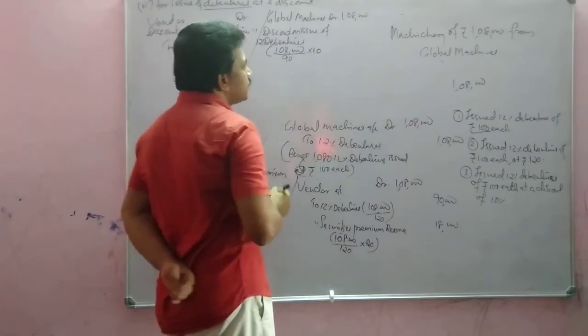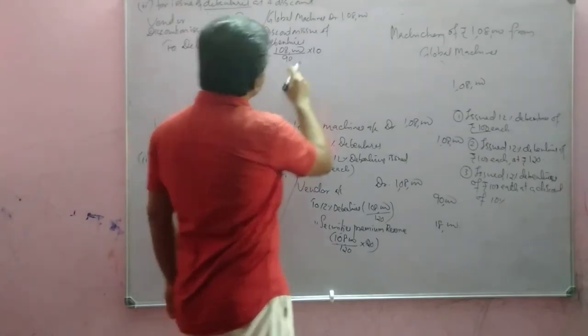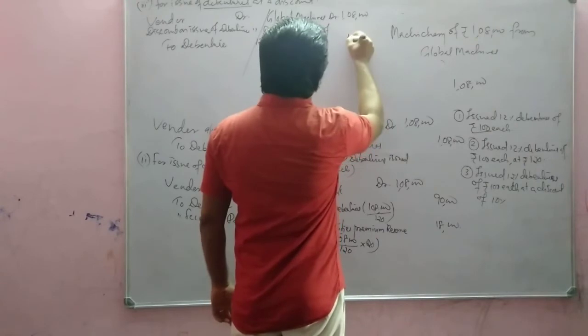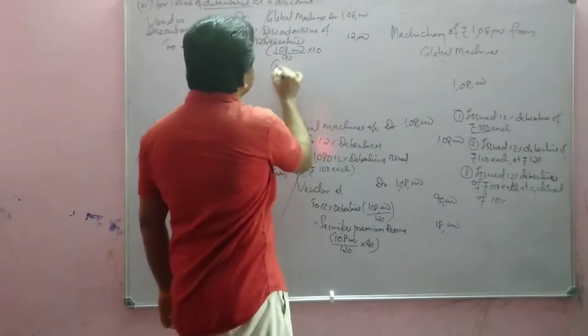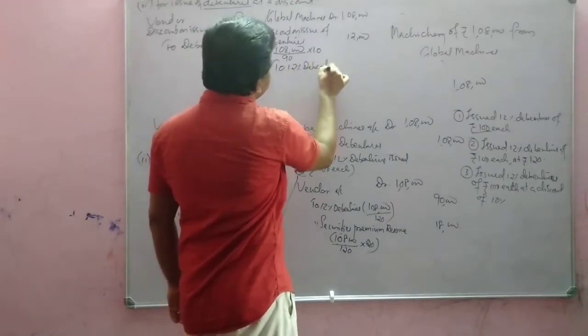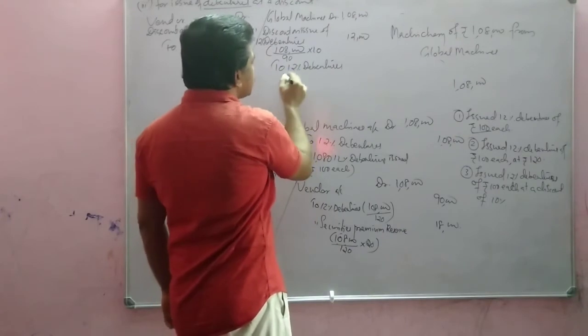Okay, that is what we have to write. So we will get here 12,000. Then to 12% debentures. How much?